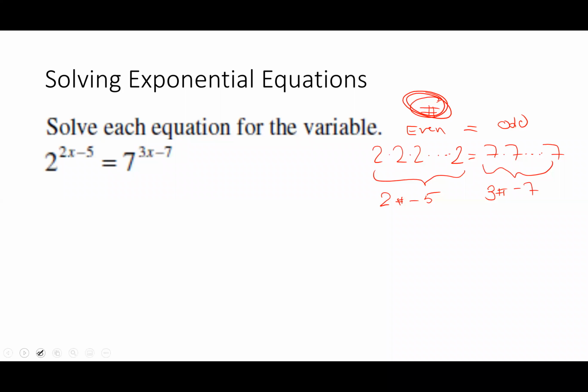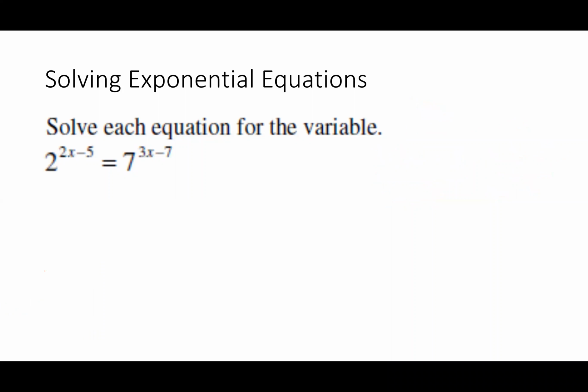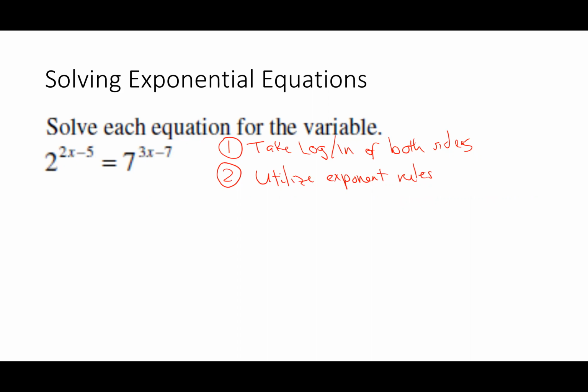There's two methods that we can actually utilize here. One, we could take the log of both sides. Obviously, it could be log, it could be ln. Our other option is to utilize exponent rules.